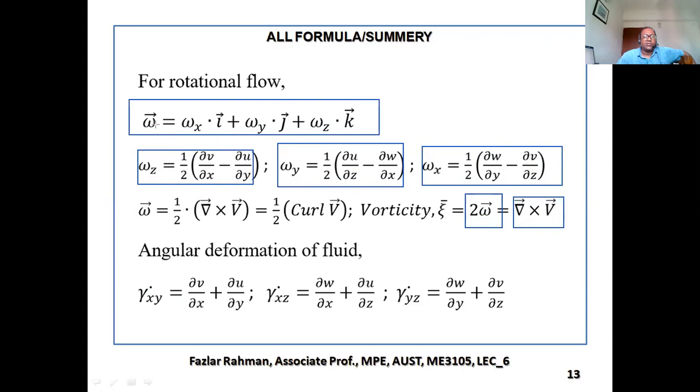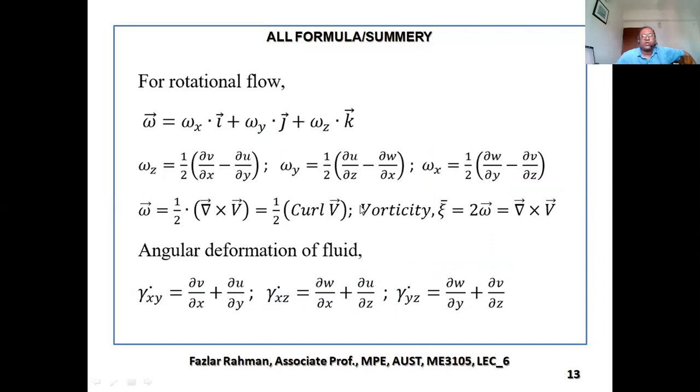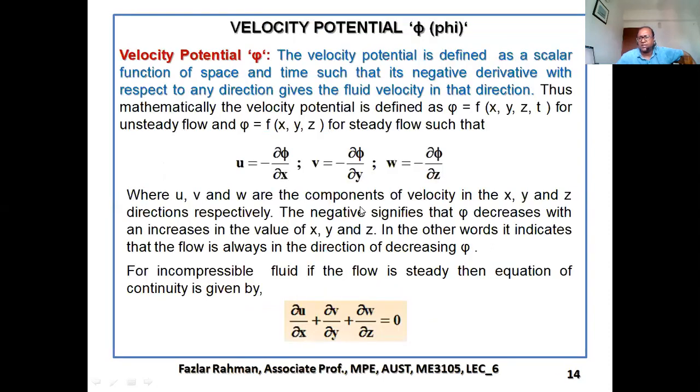And this rotational vector we can also express in terms of curl, half into curl of v. And angular deformation, you need to remember this formula. Angular deformation in xy plane is this one, yz plane is this one, and xz plane is this one. And when we solve some problems, it will be easier. You can easily figure it out.